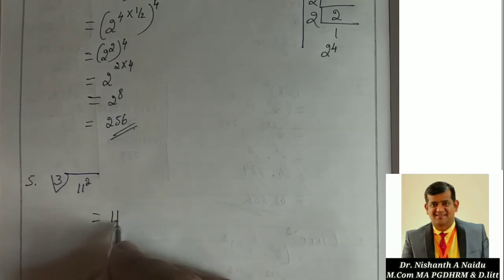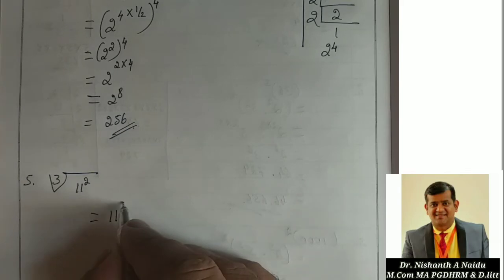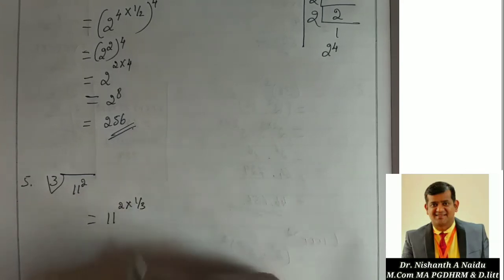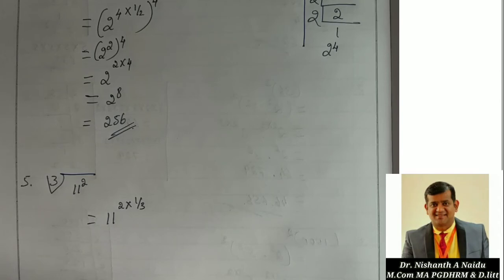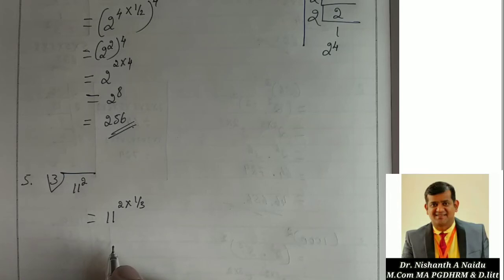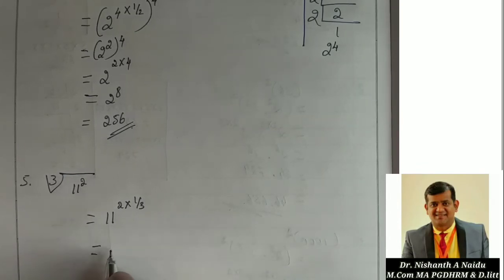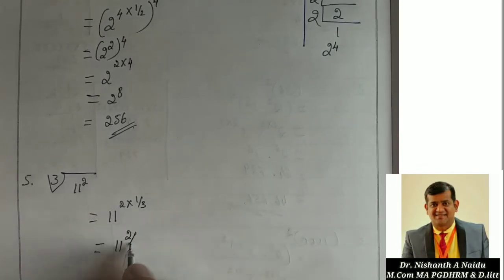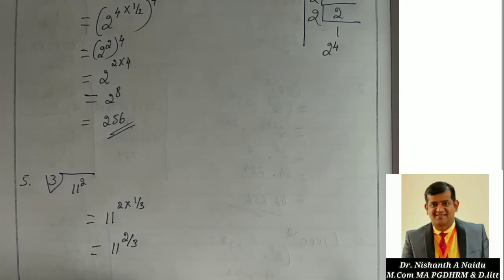So 11 to the power 2 into 1 divided by 3. 2 ones are 2 divided by 3. So your answer will be 11 to the power of 2 divided by 3. That is the answer for your fifth problem.